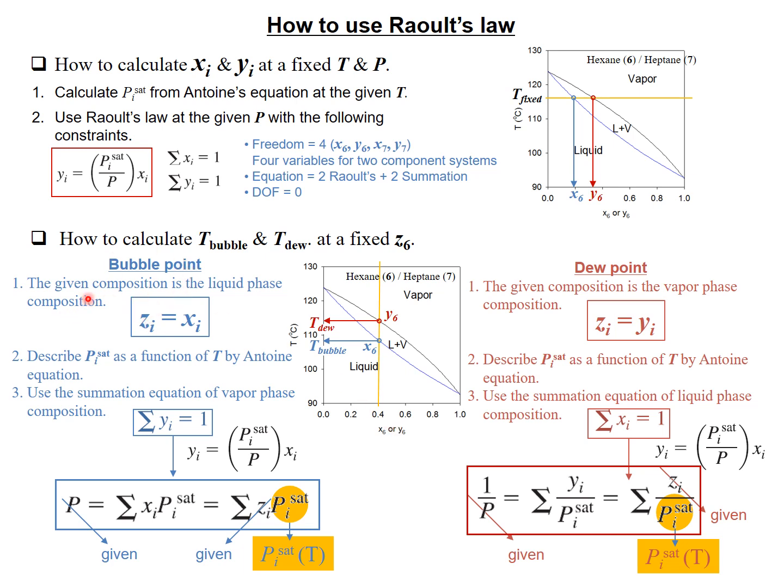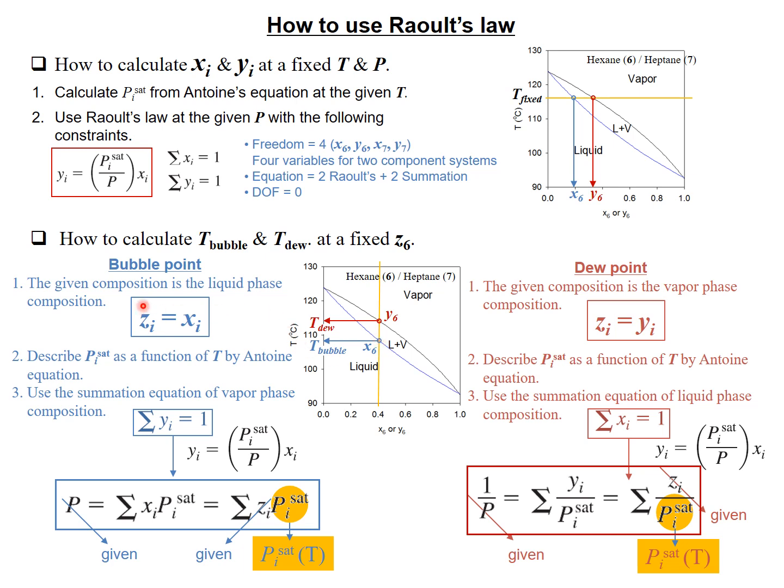The given composition Zi is the liquid phase composition for the bubble point. I'm saying this because on the bubble point curve you could find the bubble point temperature, right? And the bubble point is on the side of the liquid, and the composition of this point is the liquid phase composition.